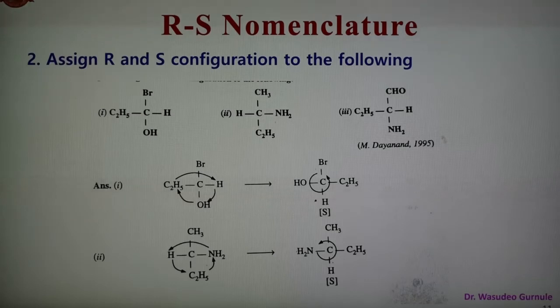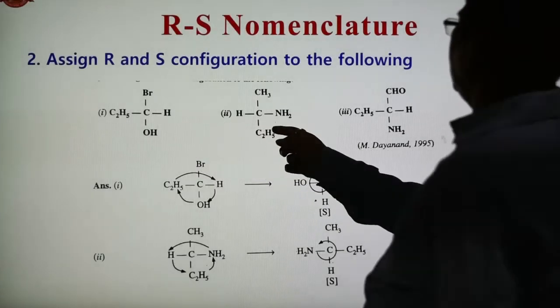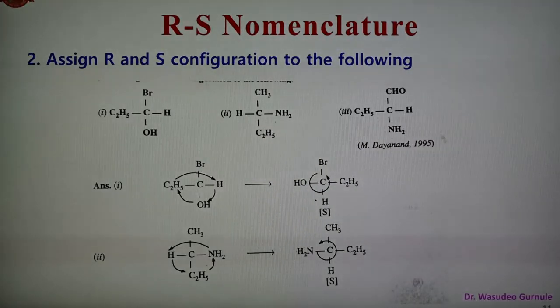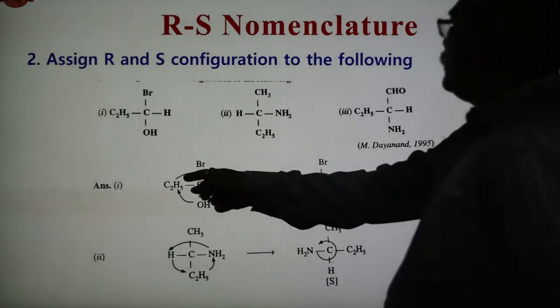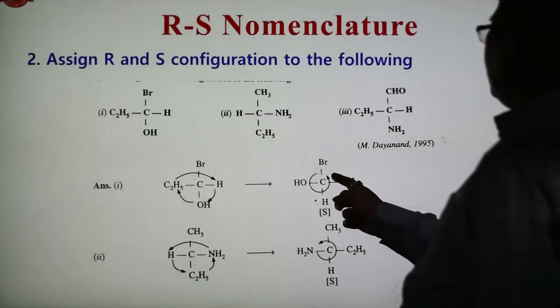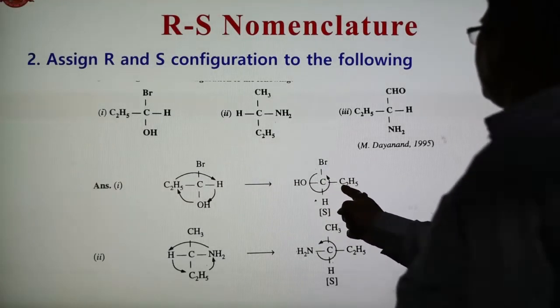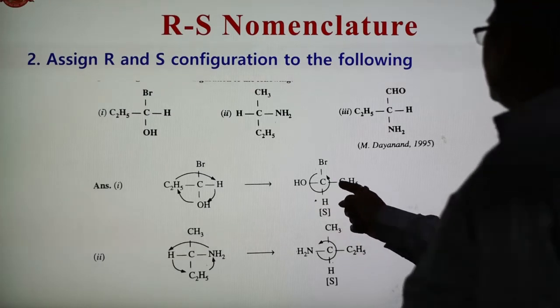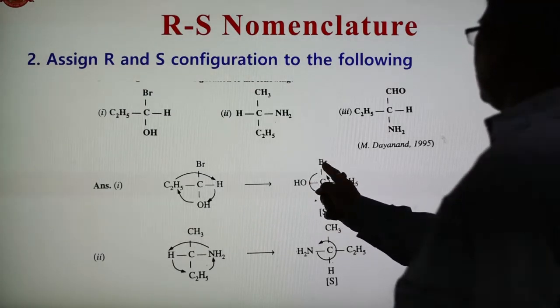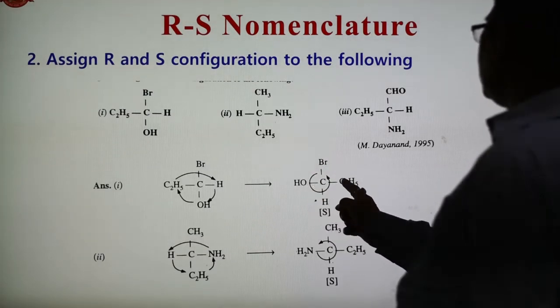Another example we can see here, example number 2. Again assign the R and S configuration to the following 3 compounds given. This is the first one, this is the second, and this is the third. In this case, first, see here, after rearranging, this is the compound obtained. This is the asymmetric carbon having 4 different atoms and groups, and now this is oxygen 1, Br 1, then oxygen 2, and this is third.